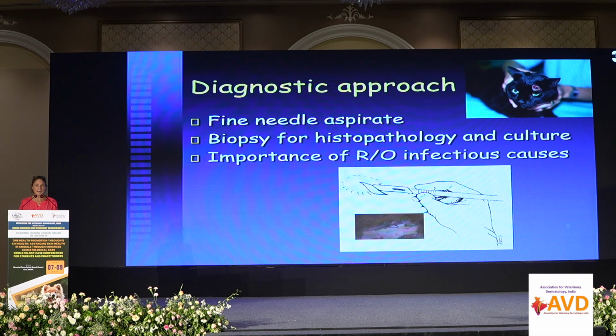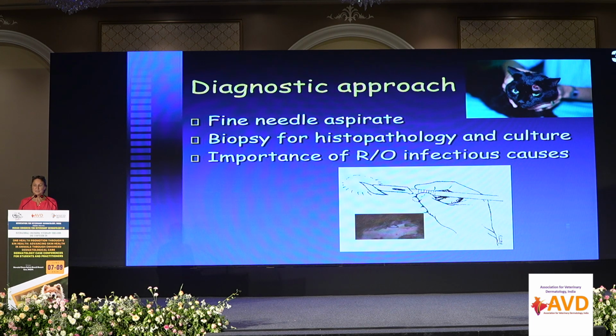So one thing that can be done is starting with, of course, a surface cytology, if you have something that is open. If it's not, you can do a fine needle aspirate. And sometimes you have some answers, sometimes not. Most of the time, in my experience, you end up needing to biopsy these lesions.